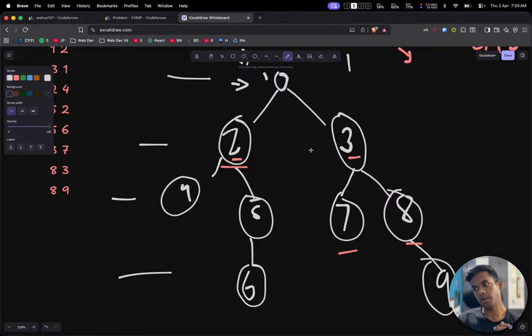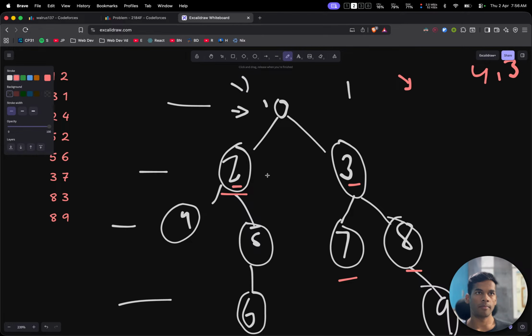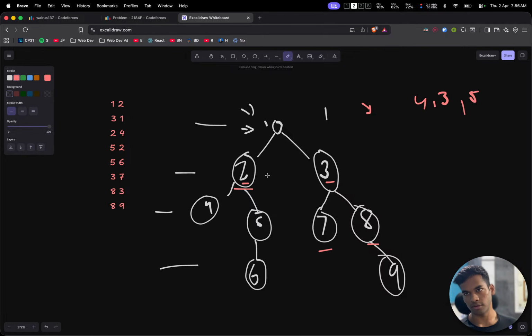But I think dynamic programming is something we can use here. Since we want three, we want 3. I guess we can assign to each node a list of possible remainders of 3 that it could give us.